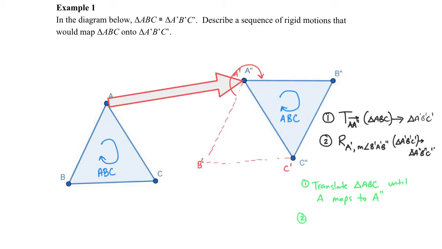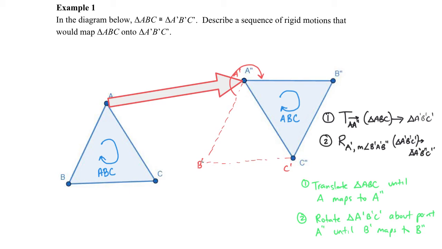Then rotate triangle A prime, B prime, C prime. We're going to add something to the top in a second here. Rotate about point A double prime until B prime maps to B double prime.